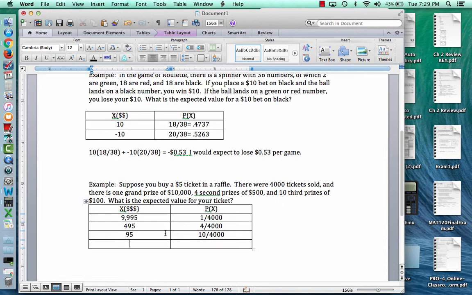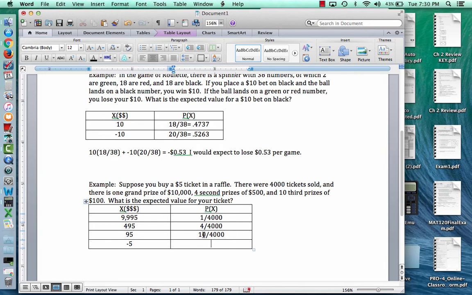Then, if you don't win the grand prize, second prize, or third prize, you'll lose your $5. And what's the probability of that happening? Well, there are 15 different ways you could win: one grand prize, 4 second places, and 10 third places.